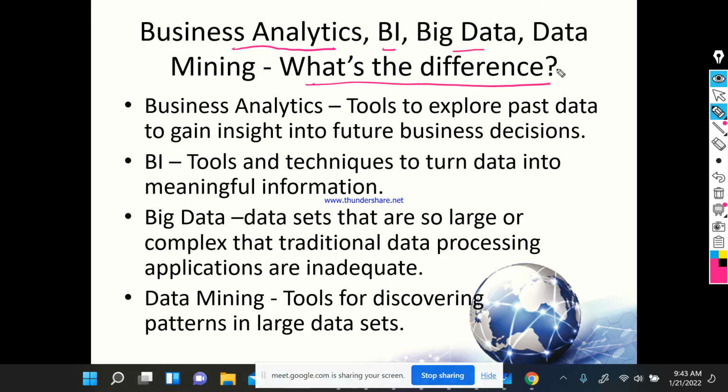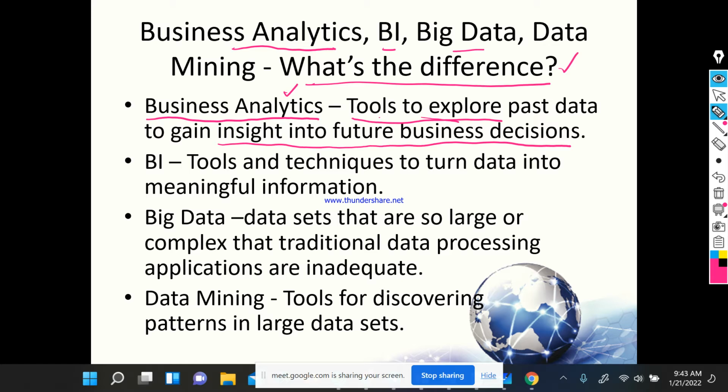What is the difference? Look at it. First of all, business analytics is a set of tools to explore past data to gain insight into future business decisions. Business analytics means you are actually doing analysis and tactics.